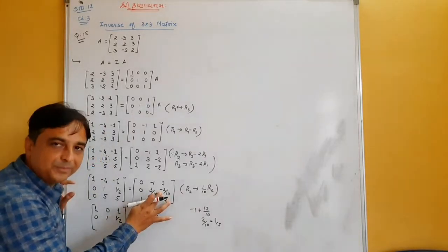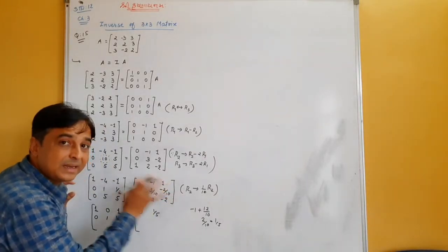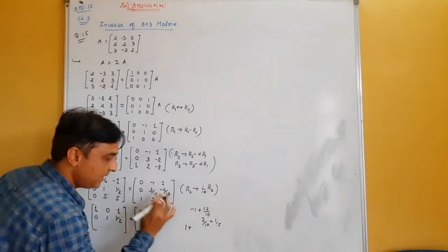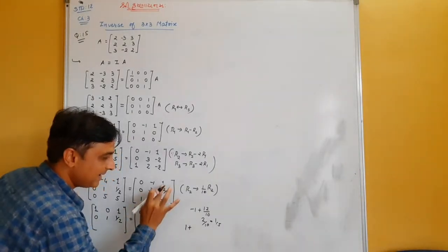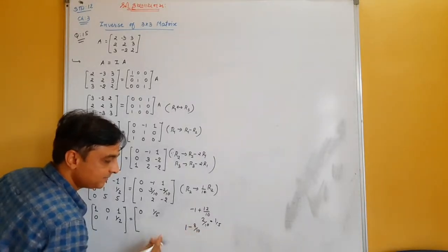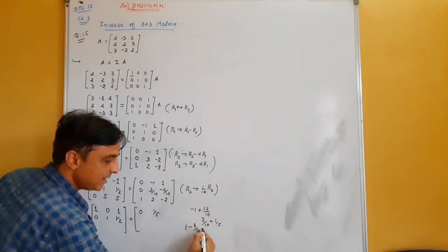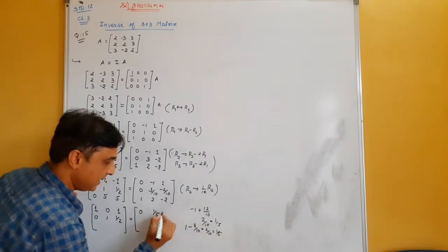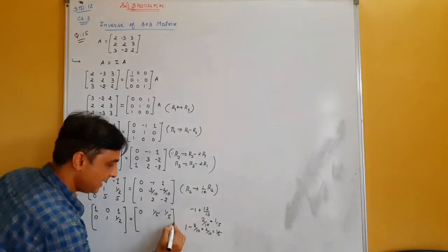Multiply with 4 and add here. So 1 plus, multiply by 4 and add, that means minus 8 by 10. Minus 8 plus 2 by 10 means 1 by 5. It is also 1 by 5.